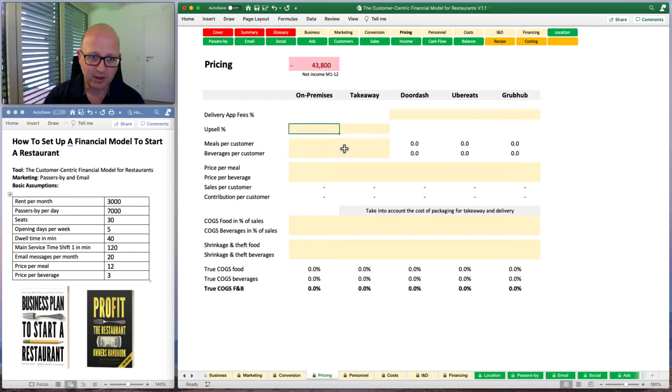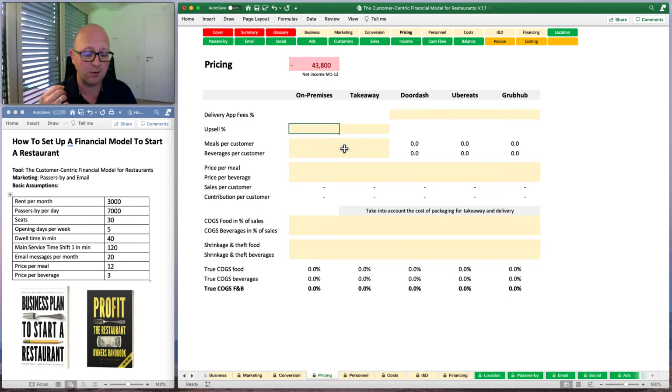So we start with upsell percent. Upsell percent means, if you're a smart restaurateur, then you know about the power of upselling, and that you need a strategy to provide further offers to your customers which are of higher value.